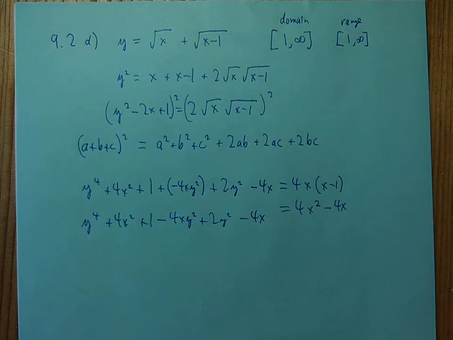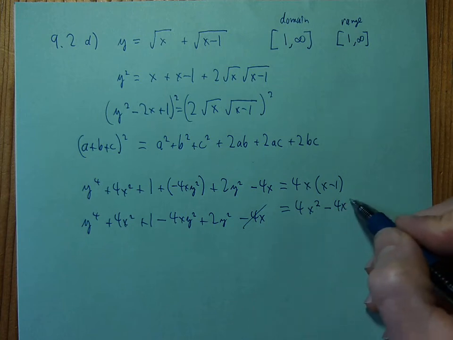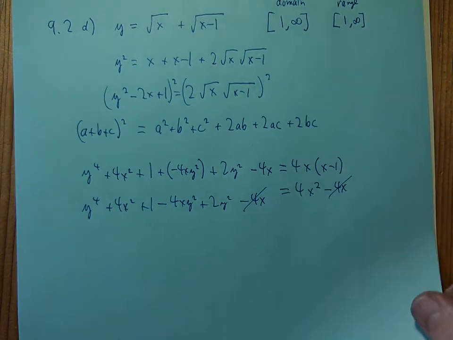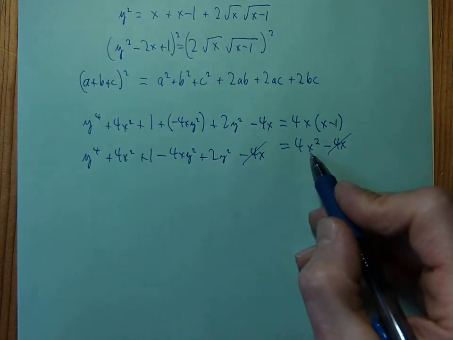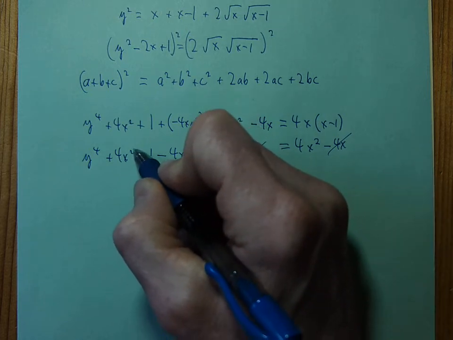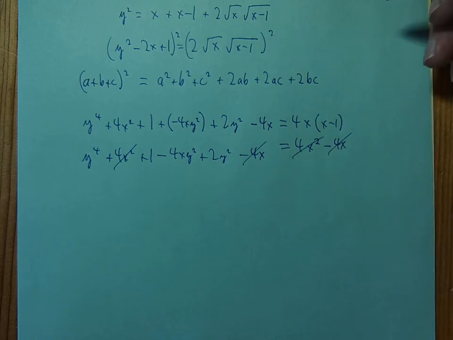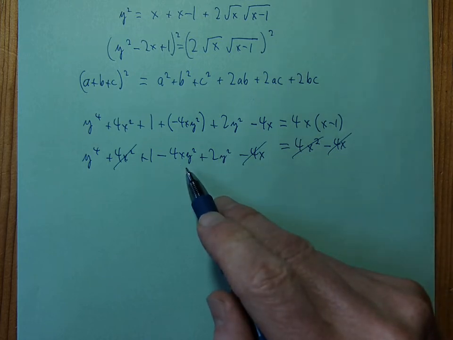Okay, the one really nice thing is the 4x and the 4x cancel, so that's super nice. So those go away. And then we can put the 4x squared on the other side. Notice those things cancel. We have a 4x squared and a 4x squared over here. So that's super nice. And now we only have 1x left over here.